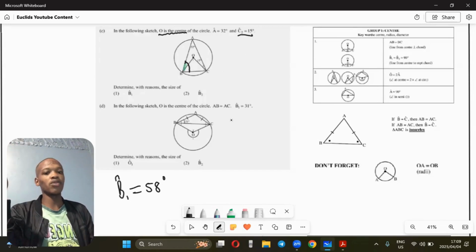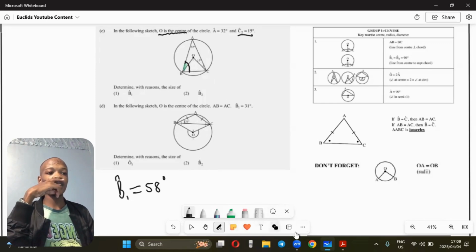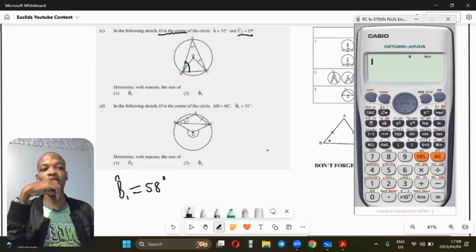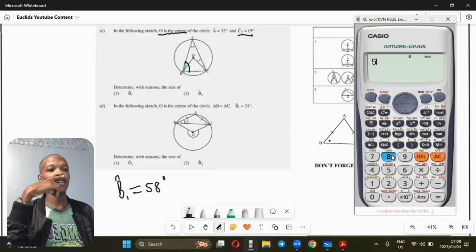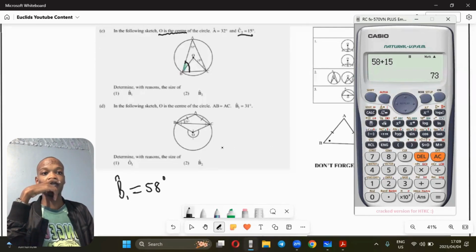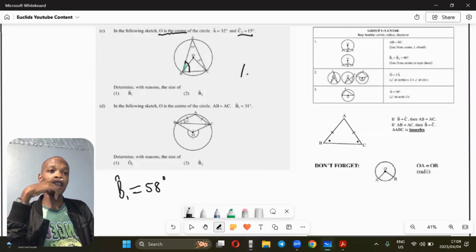Yes, we already know it's 58. So 58 plus 15, bring up a calculator, is 73. Which means angle ACB is equal to 73 degrees.